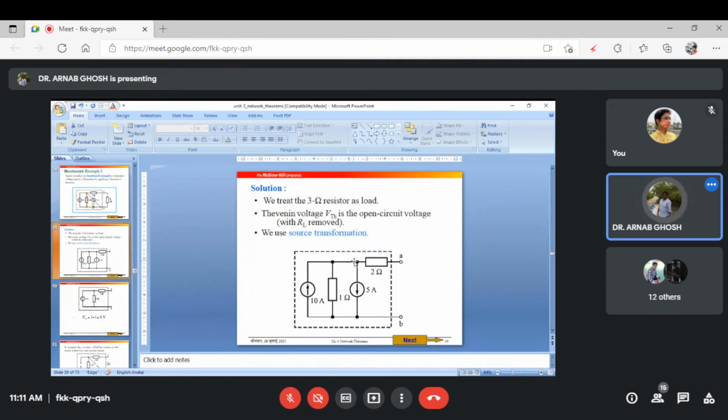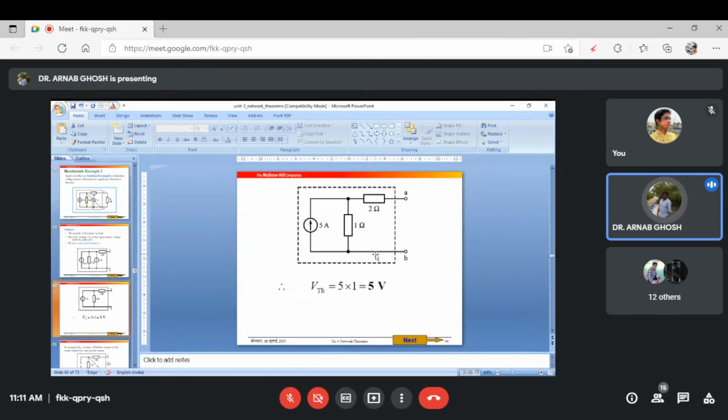So you can shorten this circuit and write it as 5 ampere, 1 ohm and 2 ohm, right? So what is the Thevenin's voltage coming out to be? VTH is coming out to be 5 volt. The voltage across these terminals will be the voltage across AB, because in parallel the voltage remains equal. So the open circuit voltage AB is equal to this terminal voltage, 5 into 1, that is equal to 5 volt.